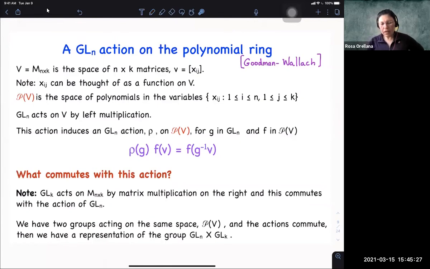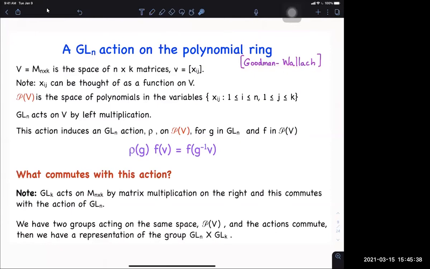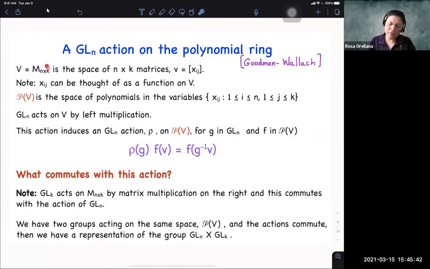So GLN acts on the polynomial ring, and you can look at this action in the book by Goodman and Wallach. Perhaps the best way to understand this one is that your vector space now becomes the n by k matrices. You could think of the entries in the matrix as variables.